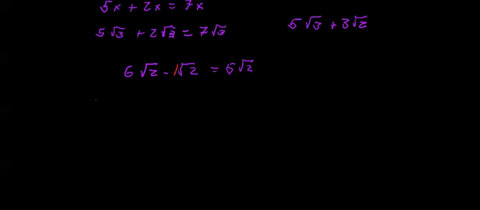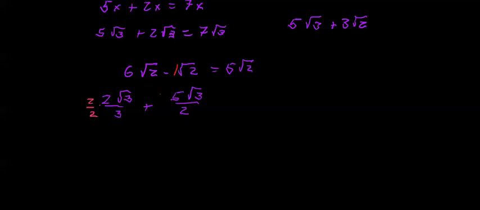If we have fractions, 2 radical 3 over 3 plus 5 radical 3 over 2, we need a common denominator, just like always. So we'd multiply top and bottom by 2.